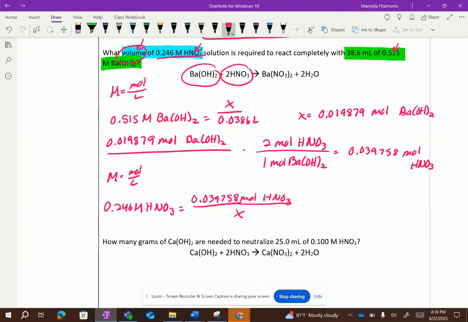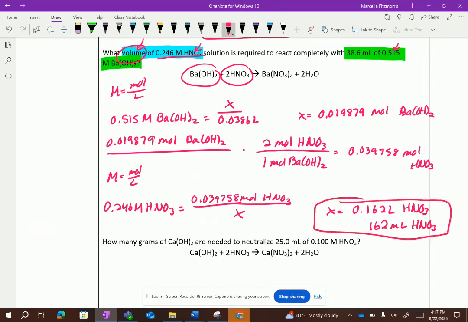What we don't know is the volume of the HNO3, but with a quick calculation, I can find we need 0.162 liters of HNO3 once I solve for X. And if I want to convert that to milliliters, it'll be 162 milliliters of HNO3. Either way you write this is fine as long as you give me the right unit with it.